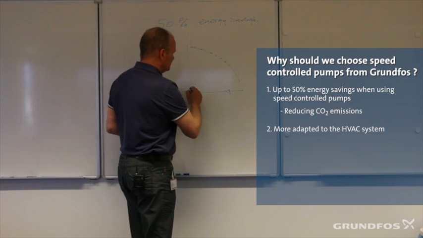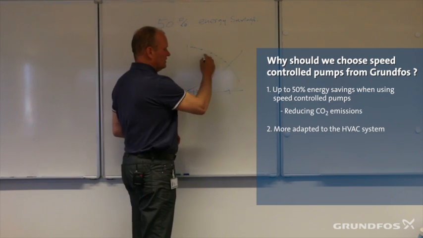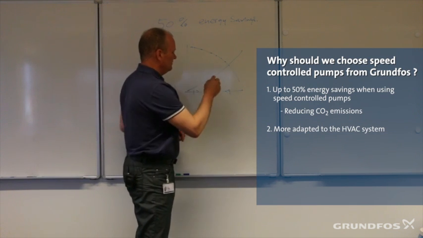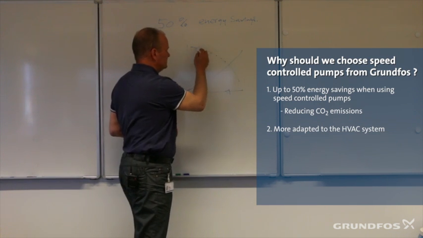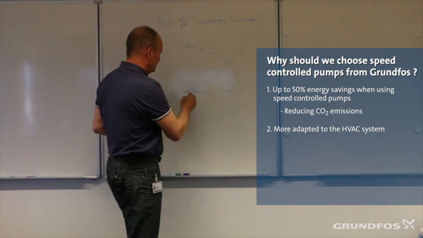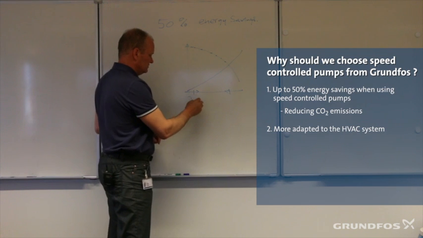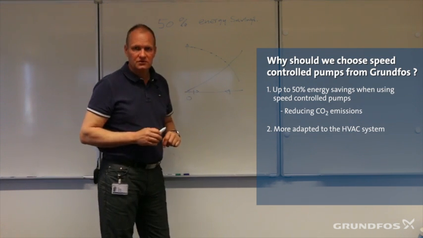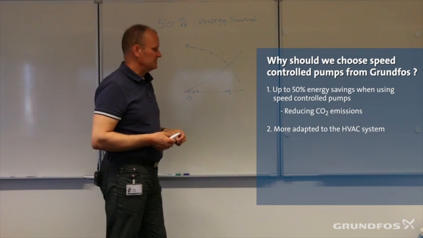So in relation to a normal or standard fixed speed pump, we have a problem as the pump will continuously increase the pressure when the flow is going downwards. And that's of no use in a modern HVAC system.